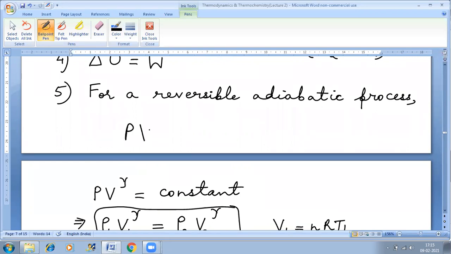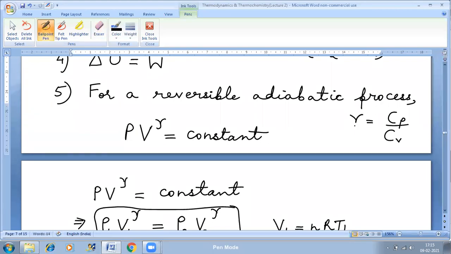P is pressure, V is volume, and V raised to gamma. What is gamma? Again, I told you, gamma is Cp upon Cv.